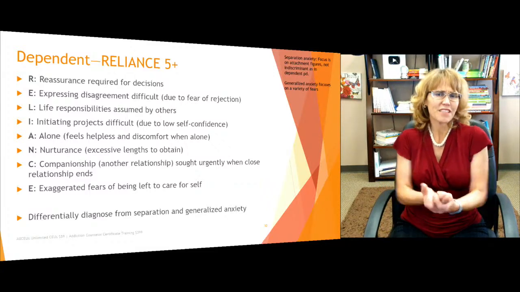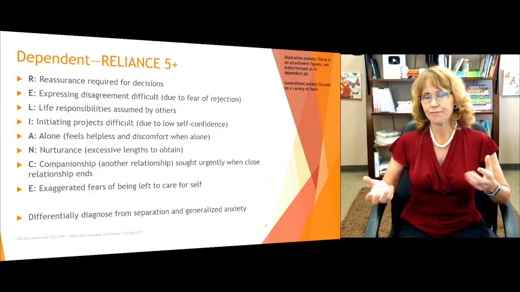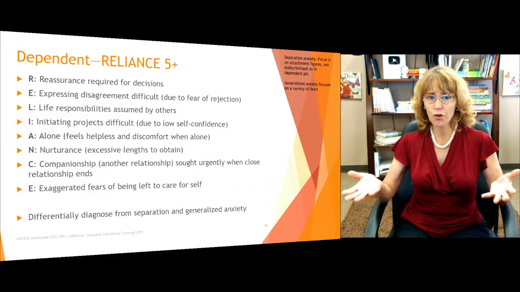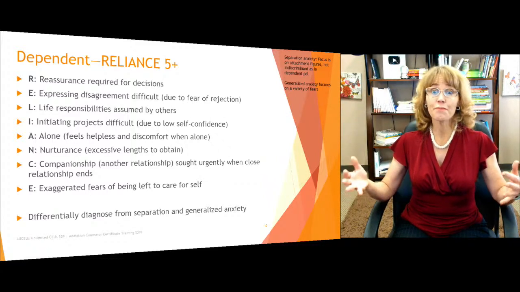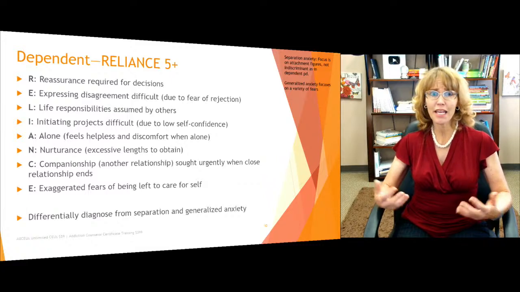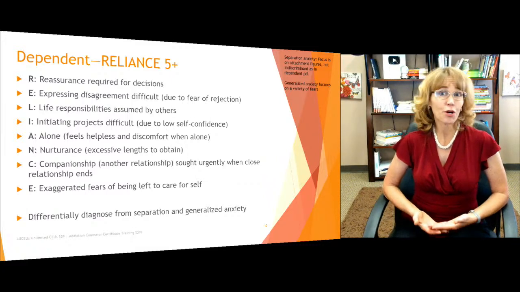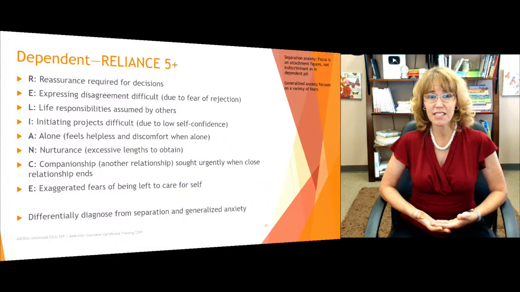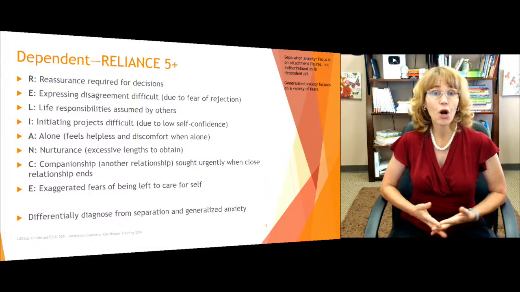And each one of these things that we use as a criteria for the different disorders is often a ready-made treatment target. If you've got somebody who you're seeing and they exhibit dependent personality disorder characteristics, maybe they have difficulty initiating projects.